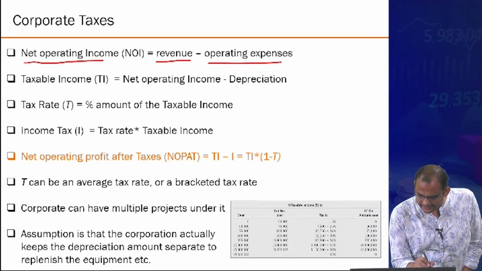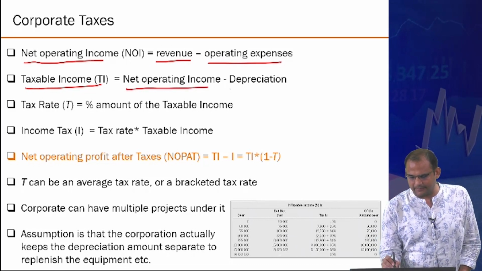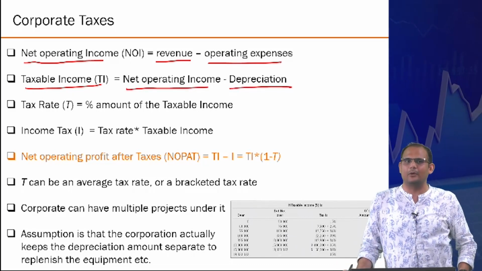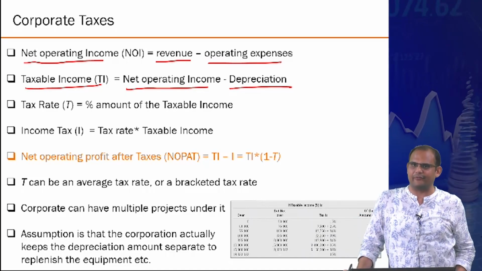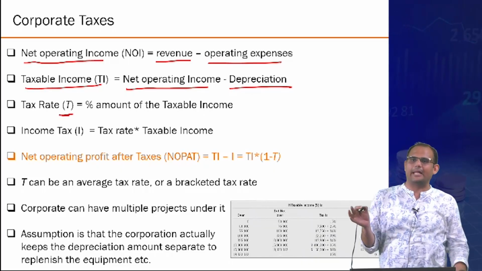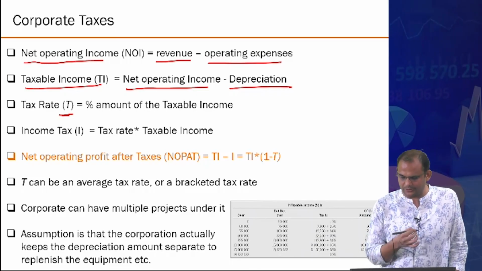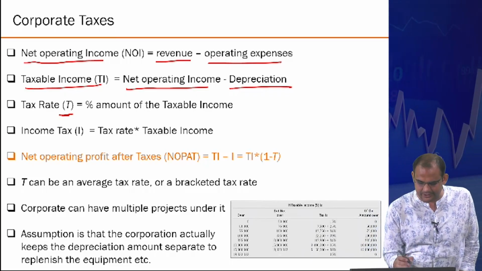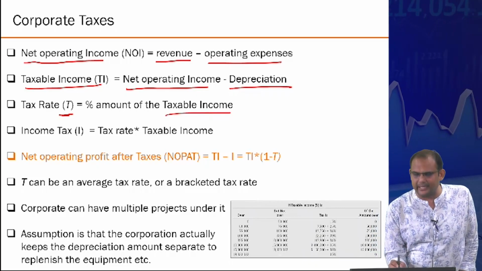So the taxable income then becomes the net operating income minus the depreciation amount that you can ideally calculate using different formulas. The tax rate, assuming that there is a uniform tax rate on net income, ideally this is not the case as I told you before, but for simplicity let's assume that this is a fixed percentage of the taxable income.